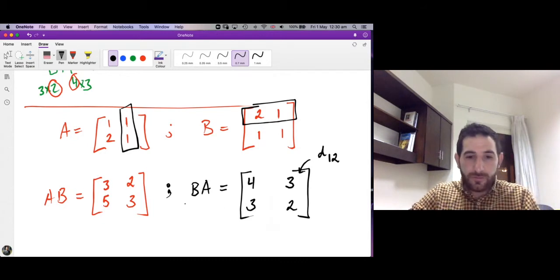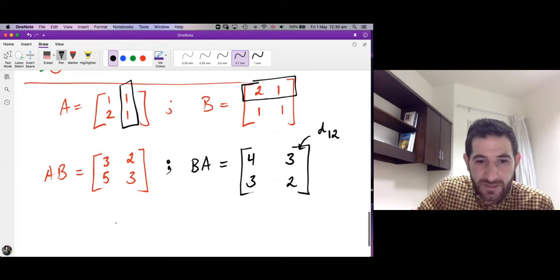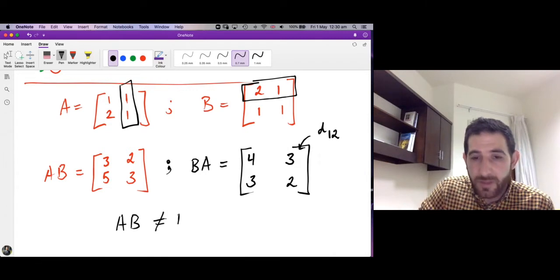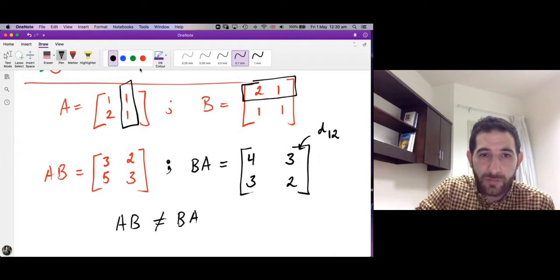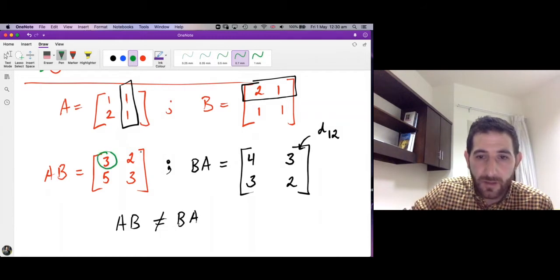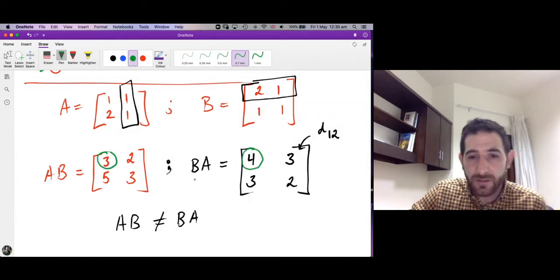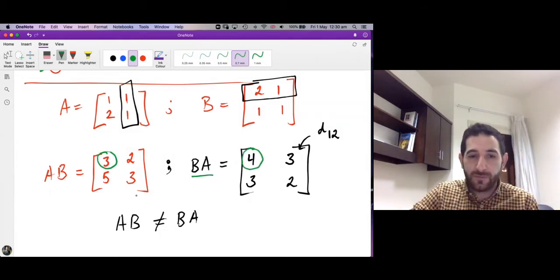So what you conclude from this example is that AB is not equal to BA, simply because this entry is 3 and its corresponding entry in this matrix is 4.